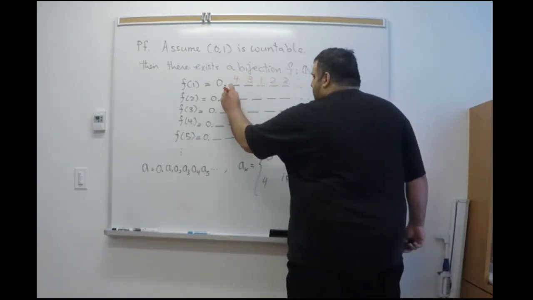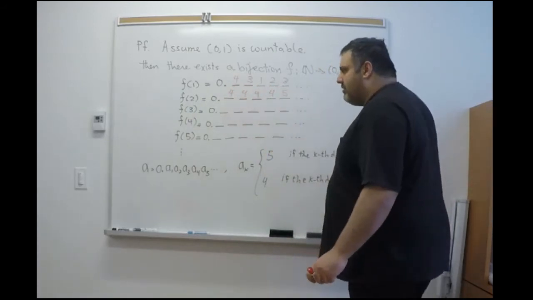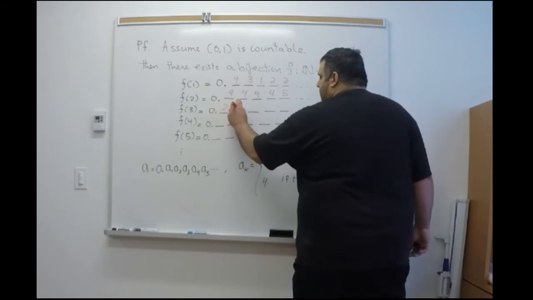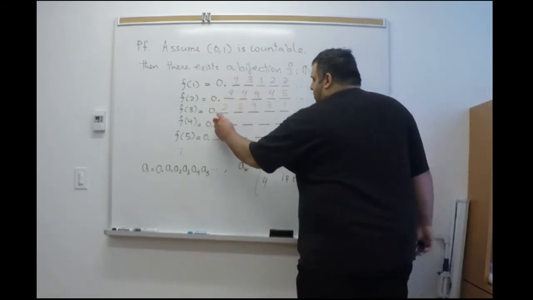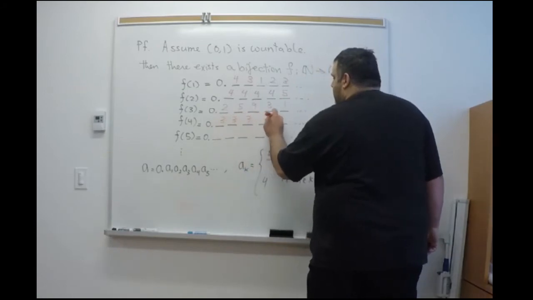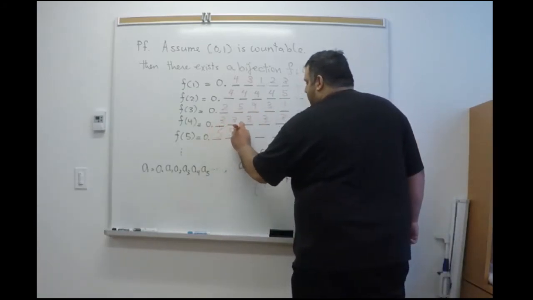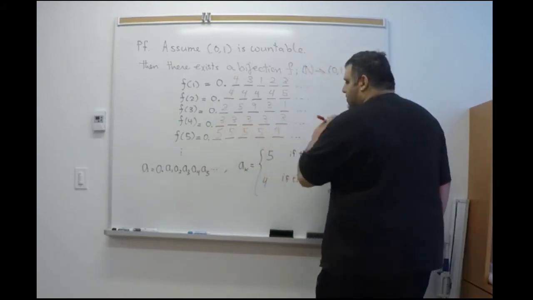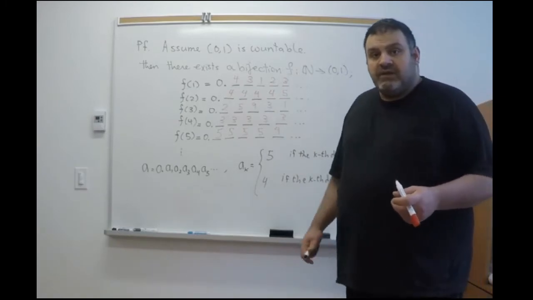Suppose this was 4, 4, 4, 4, 5, and so on. Then 2, 5, 9, 3, 1, and so on. 3, 3, 3, 3, 3, and so on. 5, 5, 5, 5, 4, and so on. Suppose these were the first few in your list, okay?